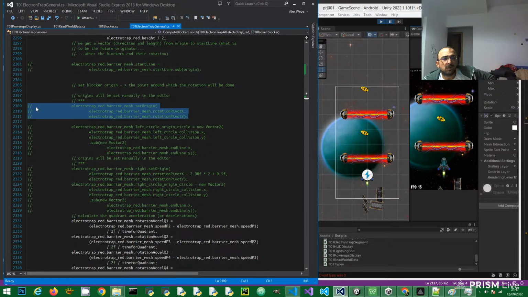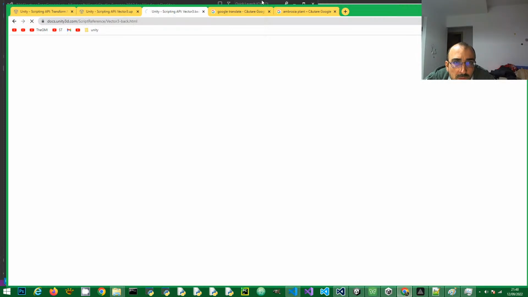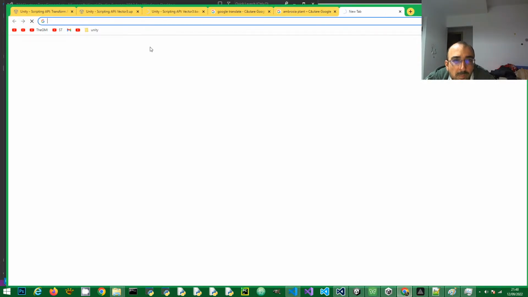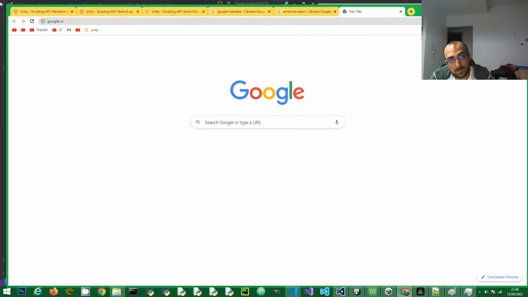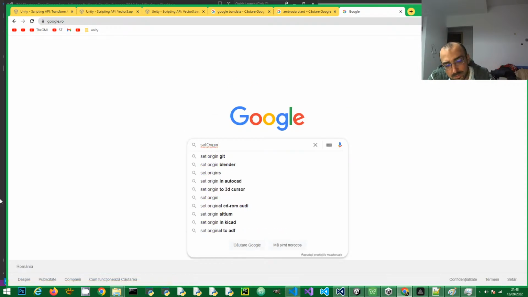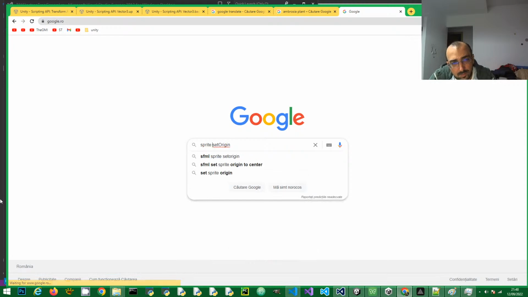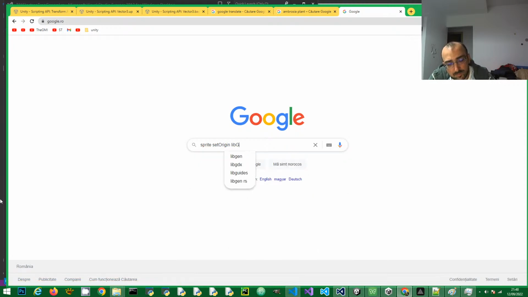We set up the blocker origin, that is the initial position. Let's see what this function did. Google. So we have set origin, sprite, and a libgdx.